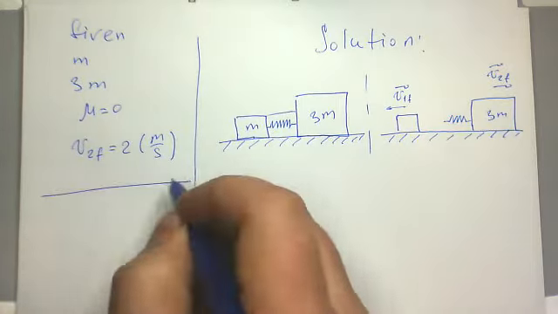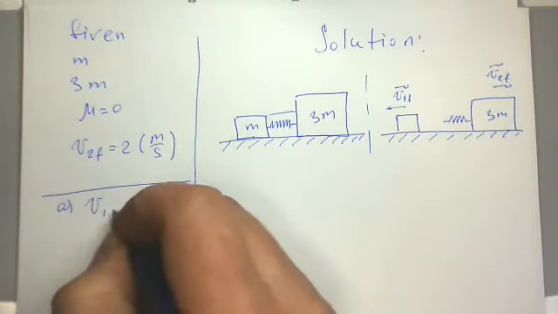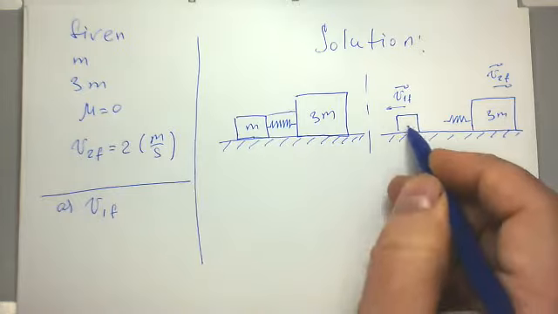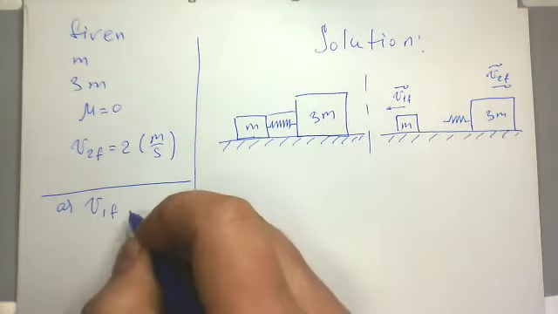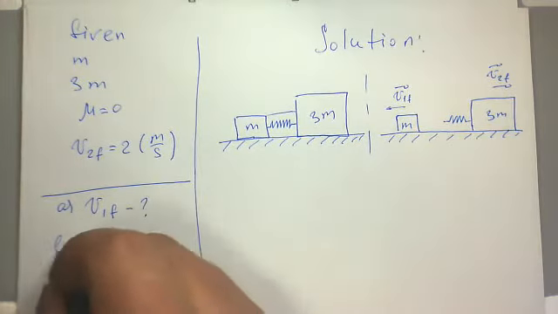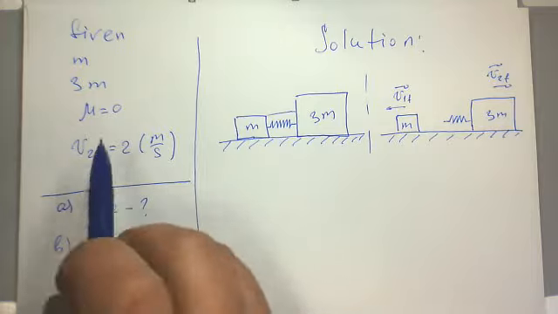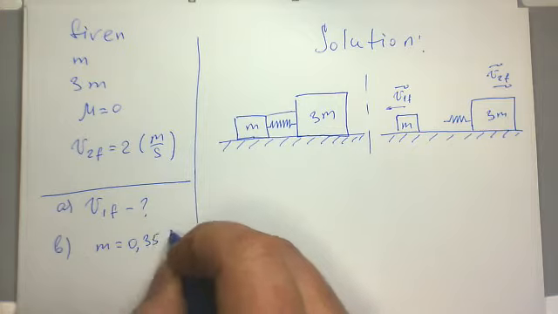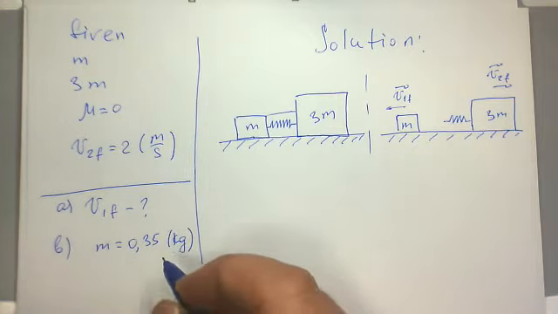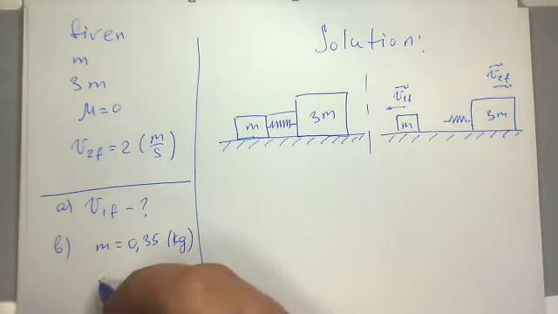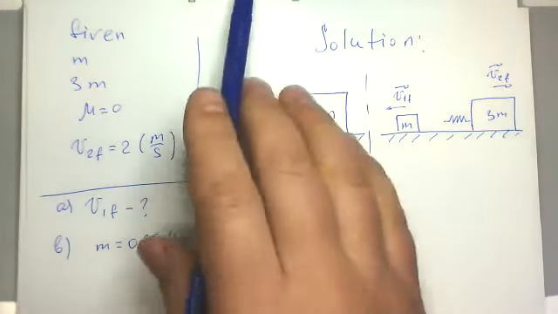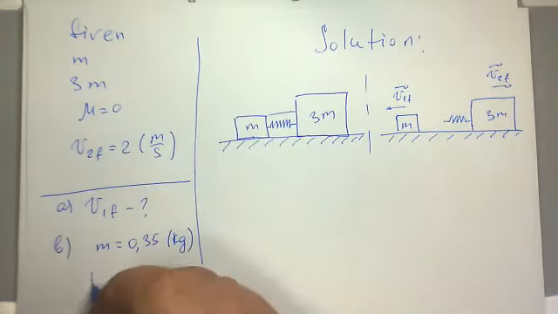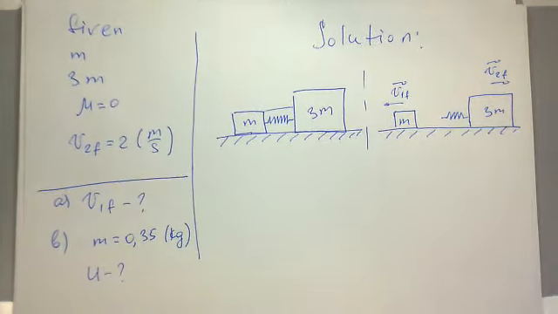Okay, we need to find first the speed of the first object, this m, when the cord is burned. And b, now, m is given, which is 0.35 kilograms. So we need to find the system's original elastic potential energy. So potential energy is the question.